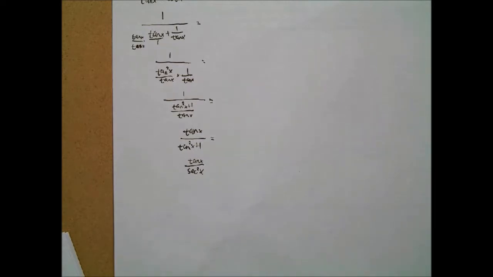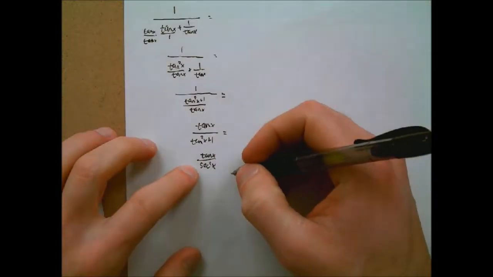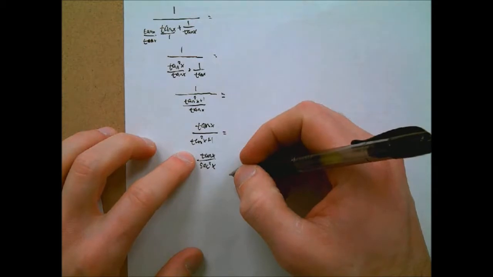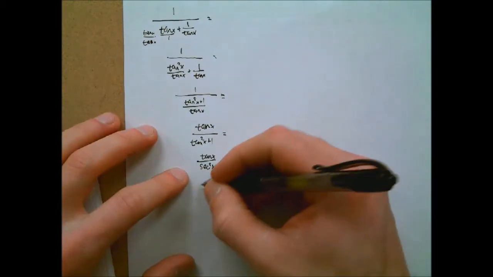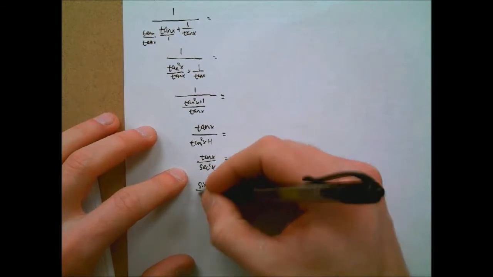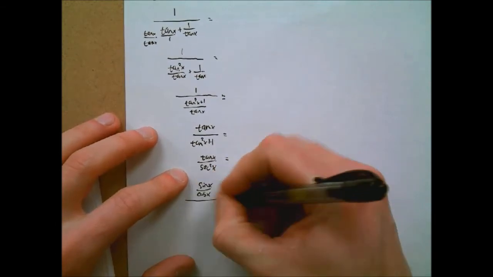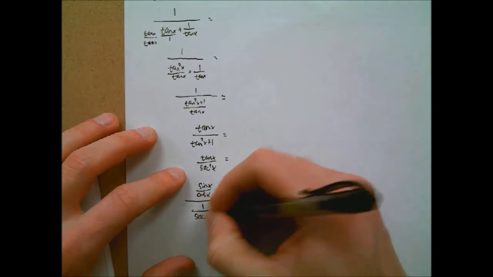Okay. How should we further try and simplify this then? How should we proceed now? Okay, turn secant squared into 1 over cosine squared, and probably turn tangent into sine over cosine, right? So let's do that. Tangent is sine x over cosine x, all over 1 over secant squared of x.